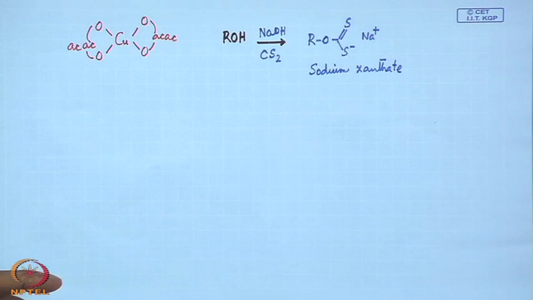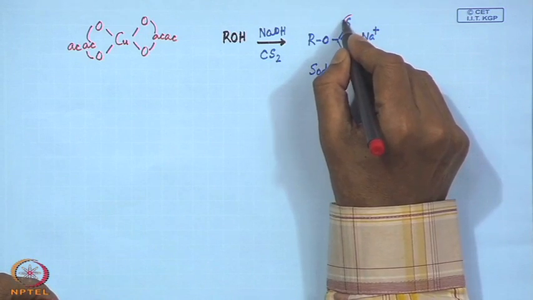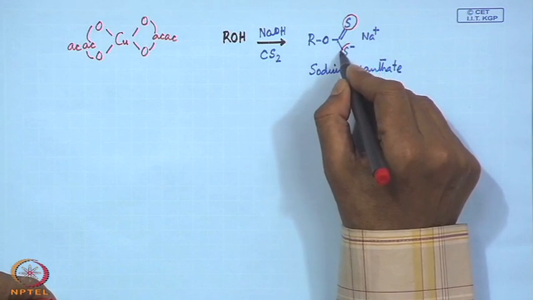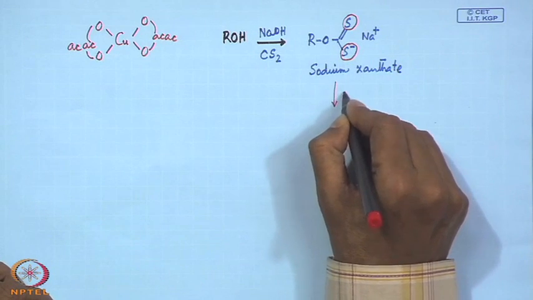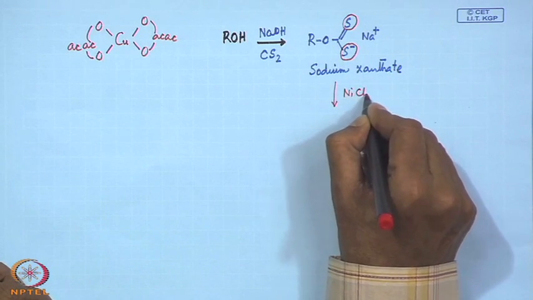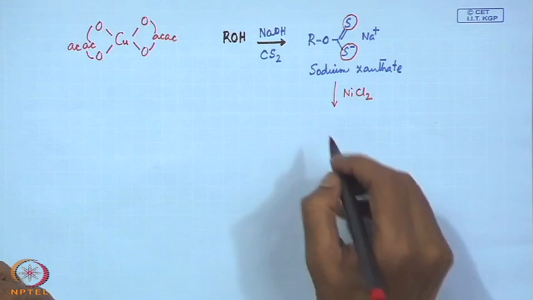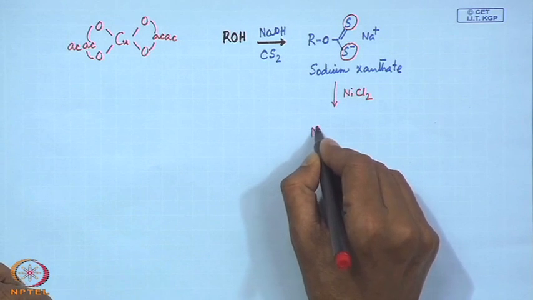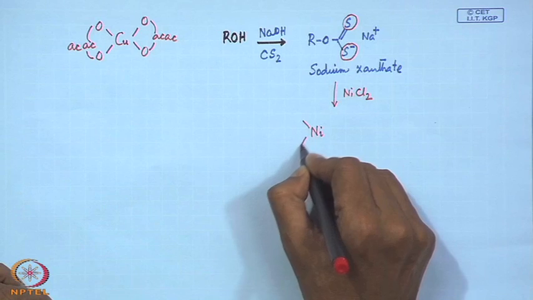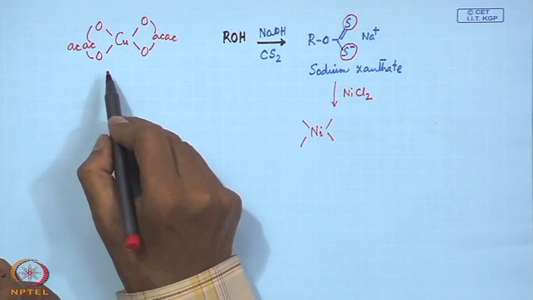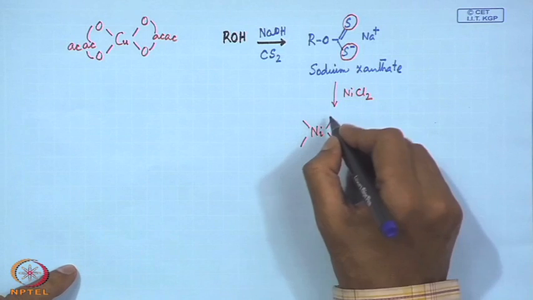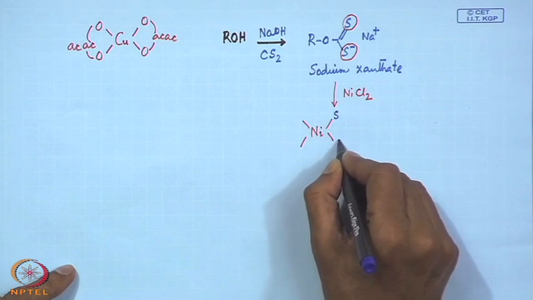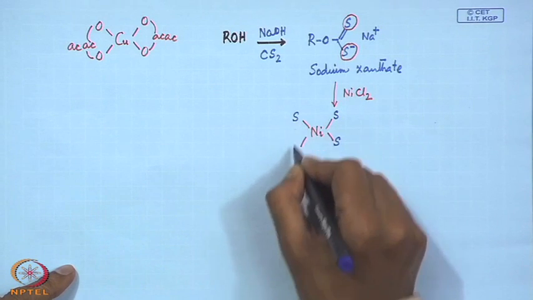Sulfur donor groups are bigger atoms, and these bigger atoms can go and bind to the metal center. So, if we add simple nickel chloride, it gives rise to the corresponding nickel compound of this type, like ACAC, but in this case we have both the sulfur groups attached to it.